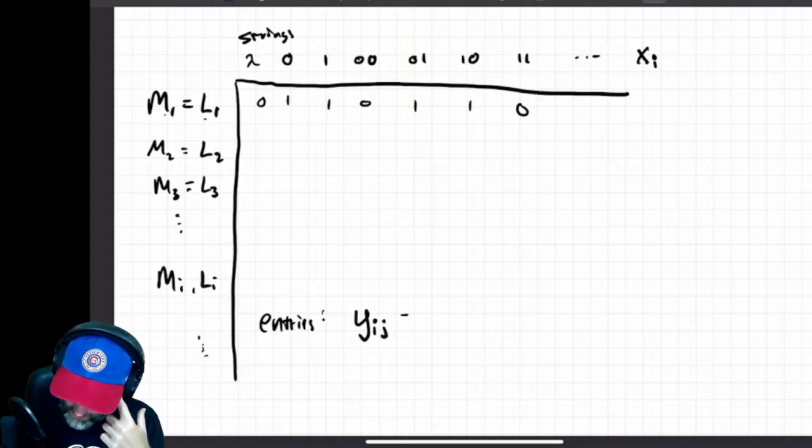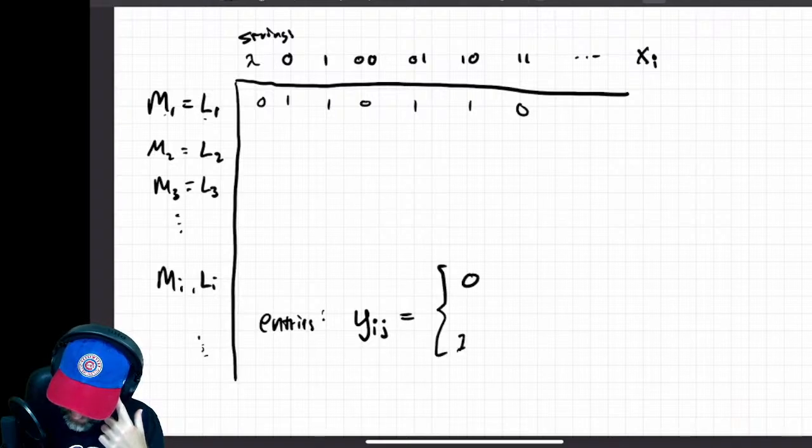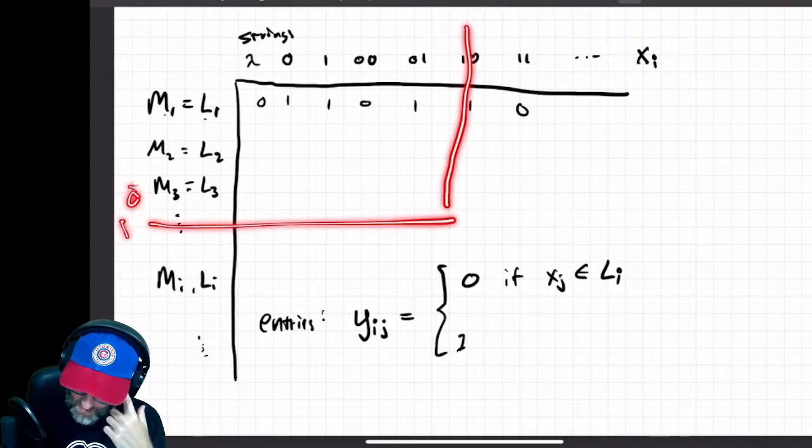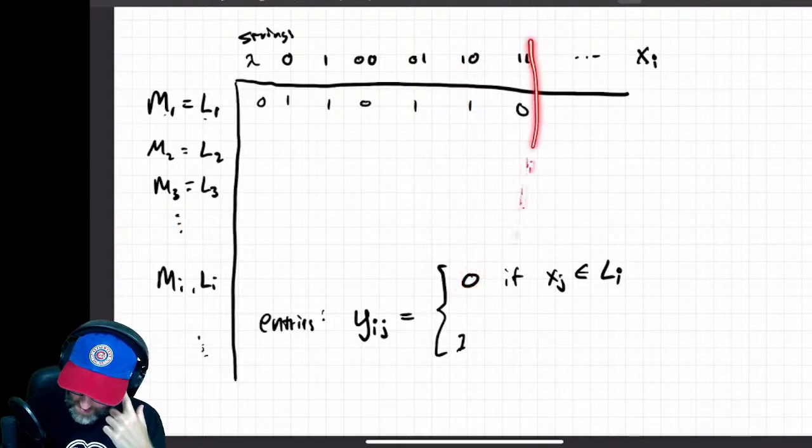It's equal to 0 if X of j is in language L of i. So again, X of j, the jth column, ith row, is either going to be 0 or 1. It's 0 if this string is in this language. Or sorry, it's going to be 1 if it is, and 0 if it's not.